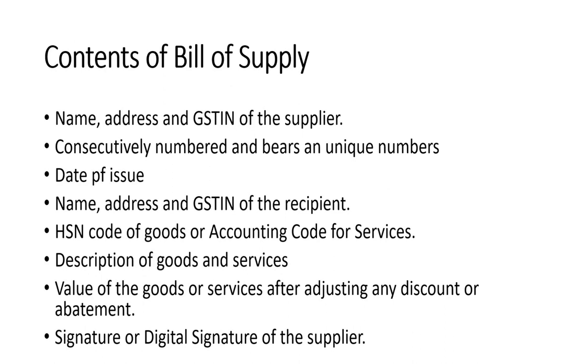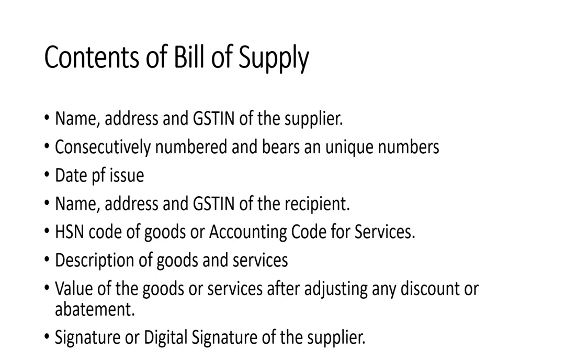a bill of supply here. Of course, it should contain the name, address and the GST identification number of the supplier. It should be serially numbered. It will have a unique number for that particular financial year, and it should be properly dated. If the recipient is registered, then the name, address and GST identification number of the recipient. It should also contain the HSN code of goods or accounting code for services.